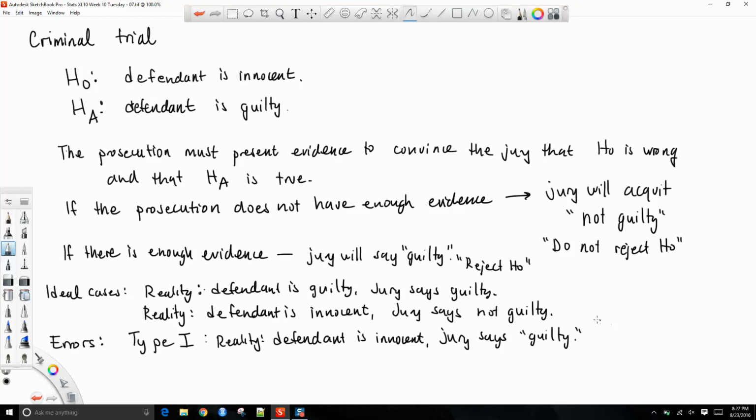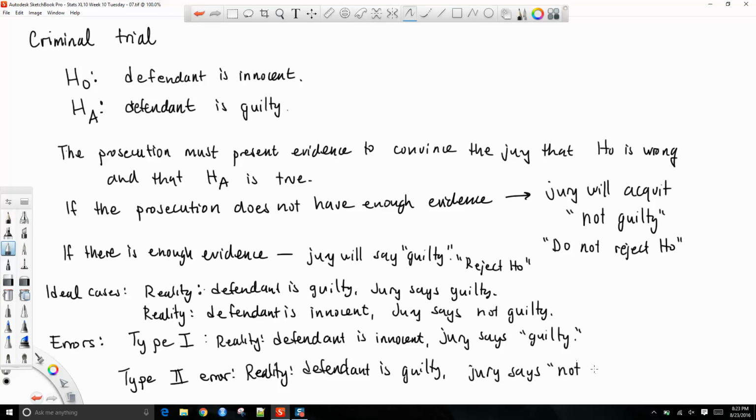So that's a type 1 error. And then on the other hand, we have a type 2 error, which would be what? In reality, the defendant is guilty, but the jury says not guilty, right? The jury acquits.